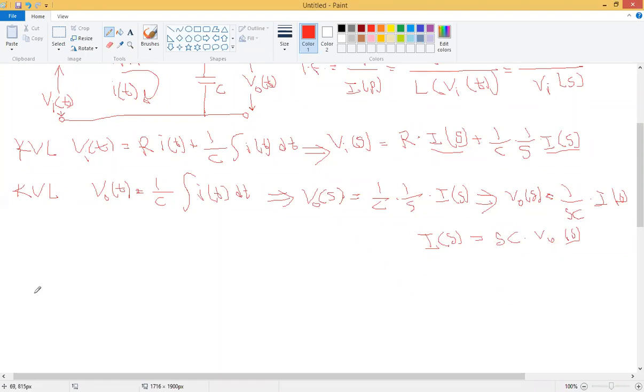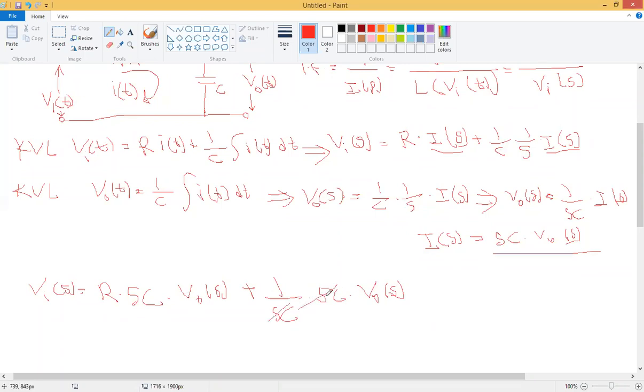So this equation now becomes Vi of S is equal to R into, instead of I of S, you can put SC into V of S, plus 1 upon SC into SC into V of S. So V of S is common.